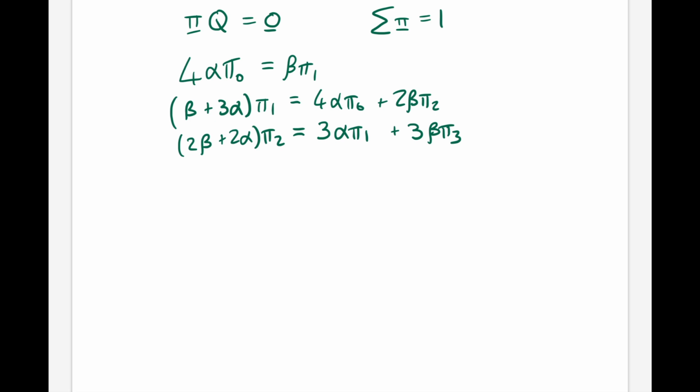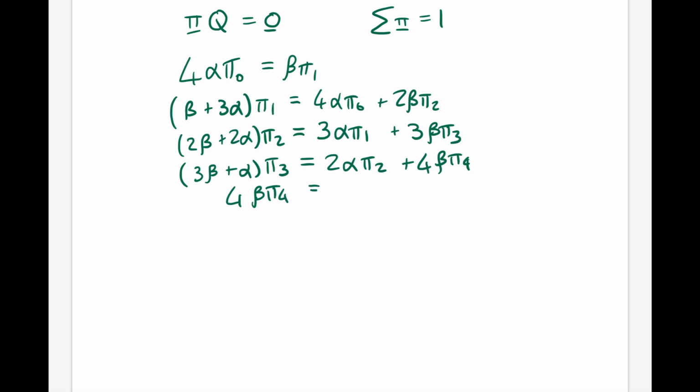For state 3, the rate out of the state is 3 beta plus alpha times pi 3, and that's going to be equal to the rate into the state, 2 alpha pi 2 plus 4 beta pi 4. Finally, for state 4, the rate out of the state is 4 beta pi 4. That's going to be equal to the rate into the state, which is alpha pi 3.